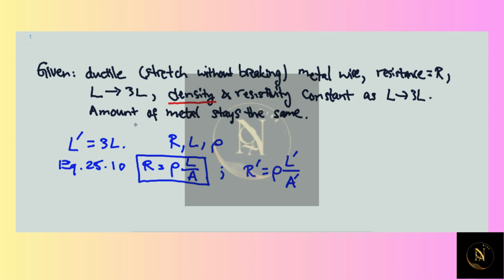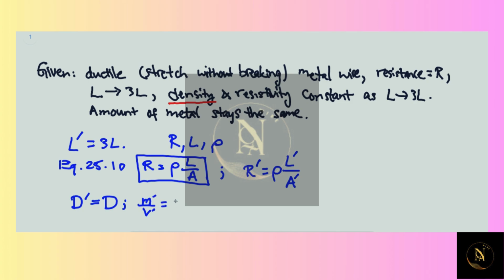But we're told that the amount of metal doesn't change and that the density stays the same. If that's the case, then the density D prime is equal to the original density D, and we have the definition of the density, mass over volume.